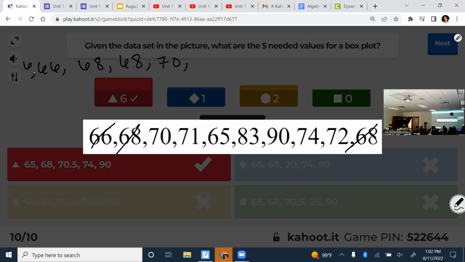Good catch. 71. All right, so that was kind of chaotic. But just make sure that however many are in your list are however many you started with. I started with 10 values. I should have 10 values in my list, which I do.